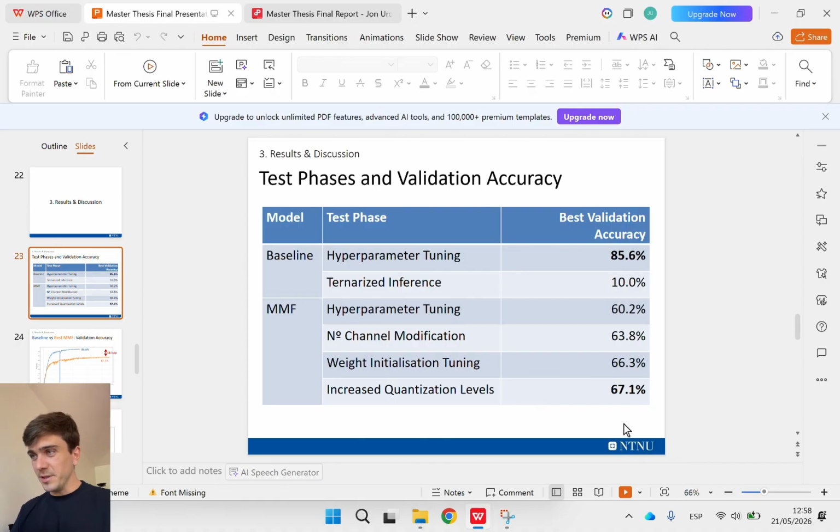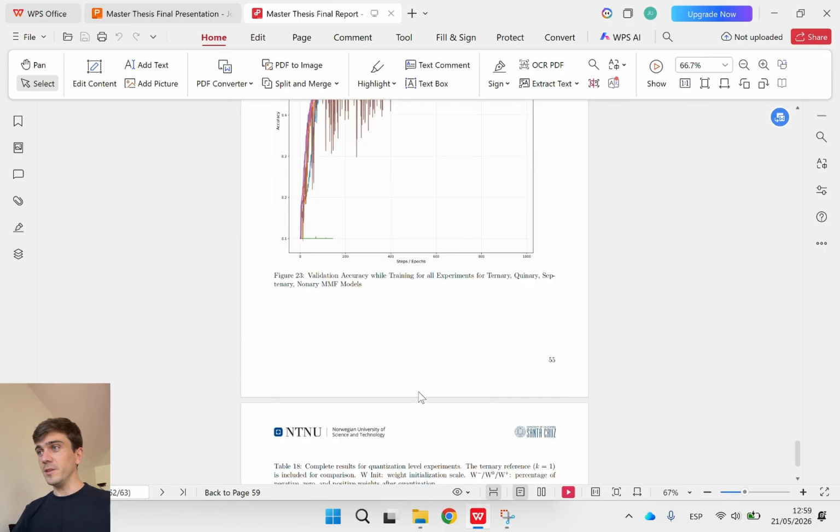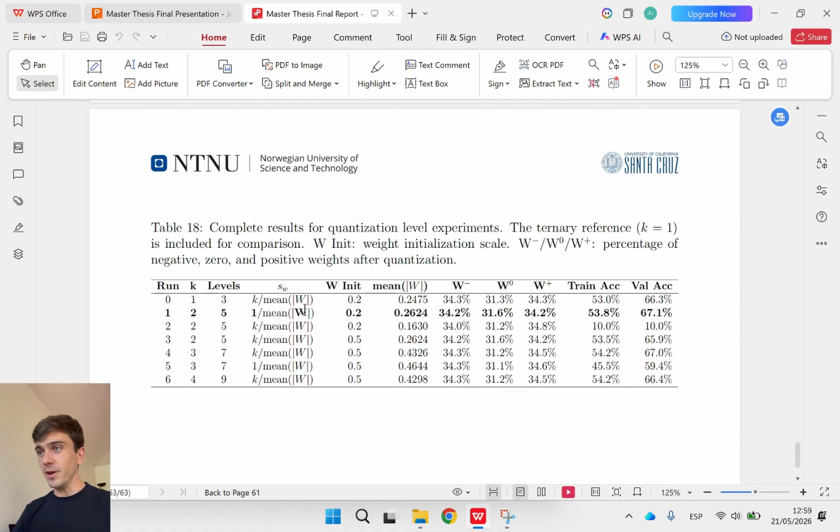And then the last experiment I did is increasing the quantization levels. So this means, okay, what if instead of making the matmul-free model ternary, we make it quinary, with 5 possible weight values, or septenary or nonary. So in theory, the more weights that you have, the better it should be. But in the results, after training, the best one that I achieved is here for 5 levels.